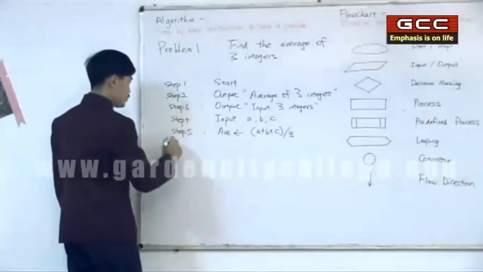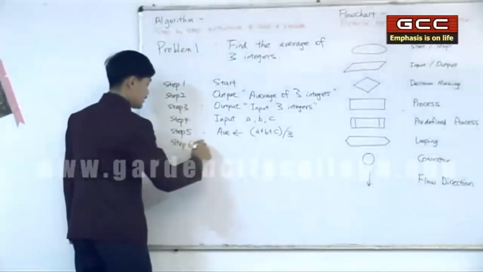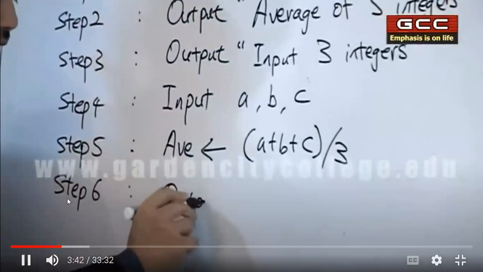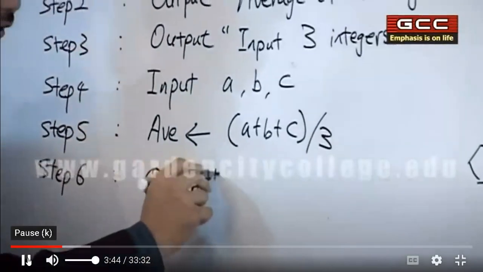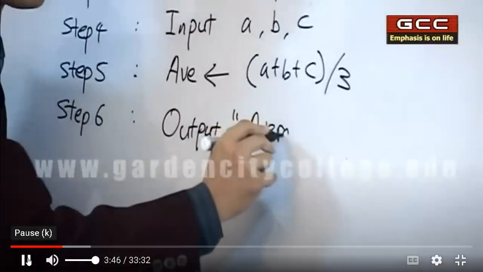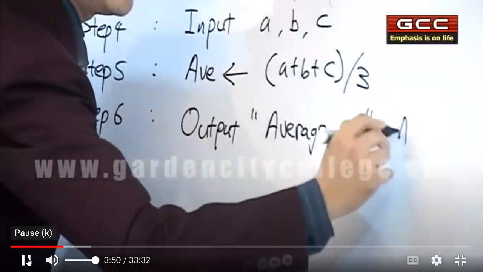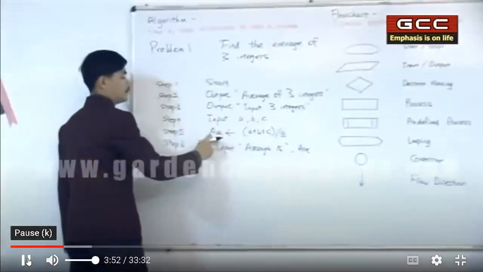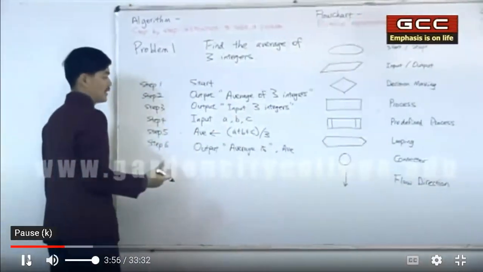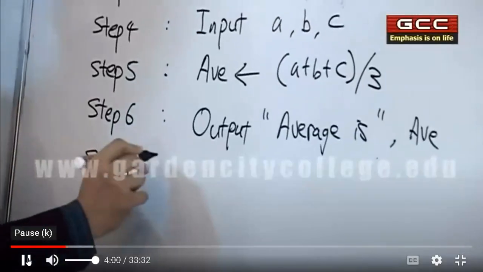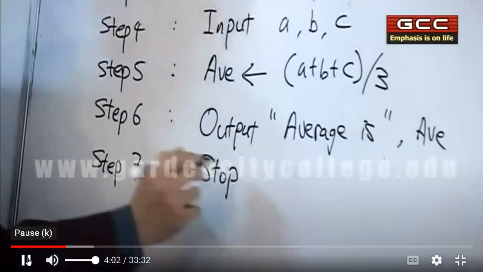This is how you get the average. Then in step 6, we display or output: average is AVE, which is the variable that we use to calculate this simple mathematical problem. And lastly, in step 7, that's where we stop.